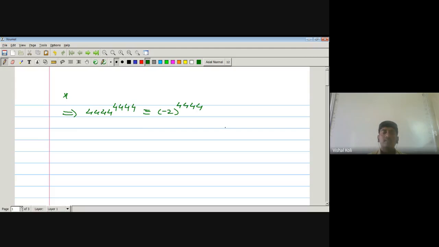Both are same. Since A is congruent to B modulo n and B is congruent to C modulo n, then A is congruent to C modulo n.